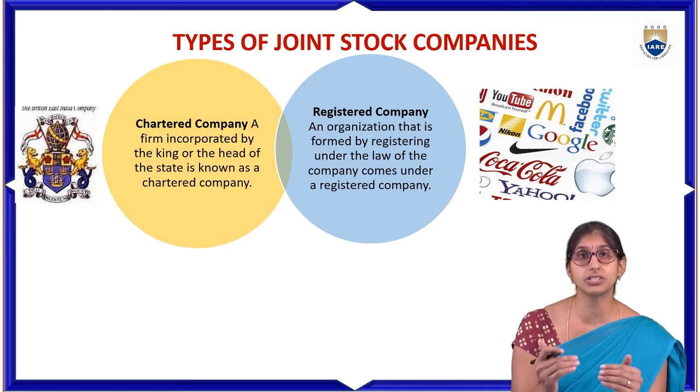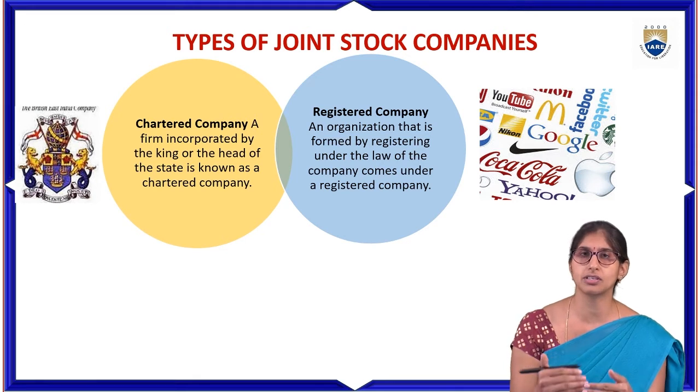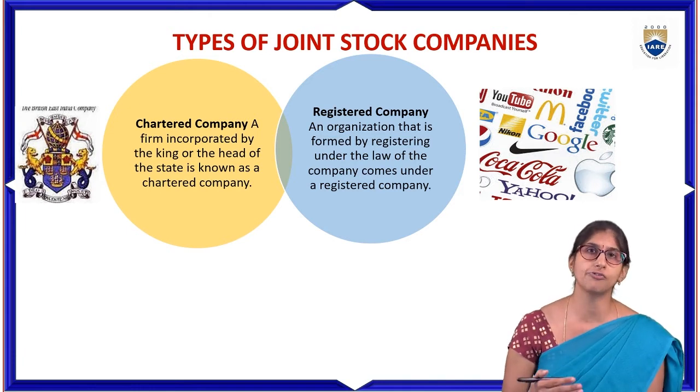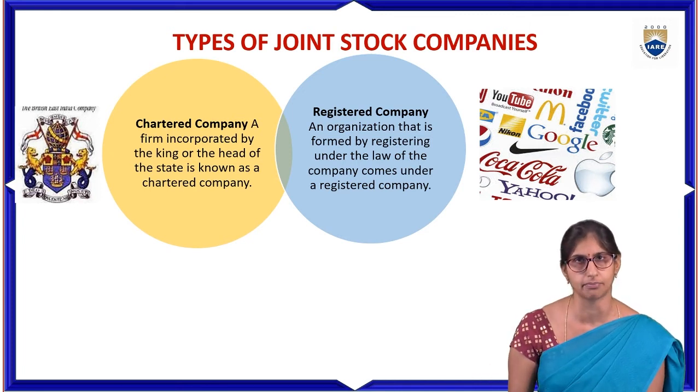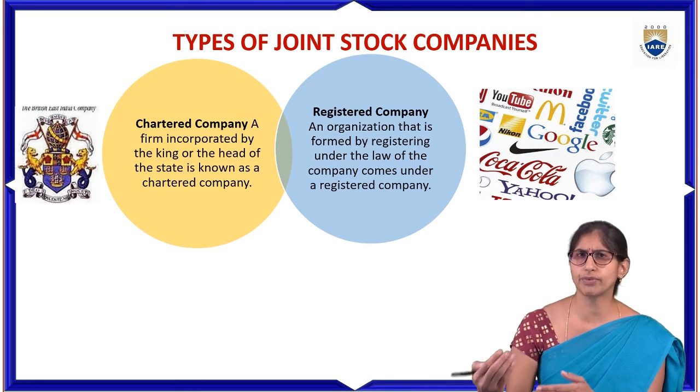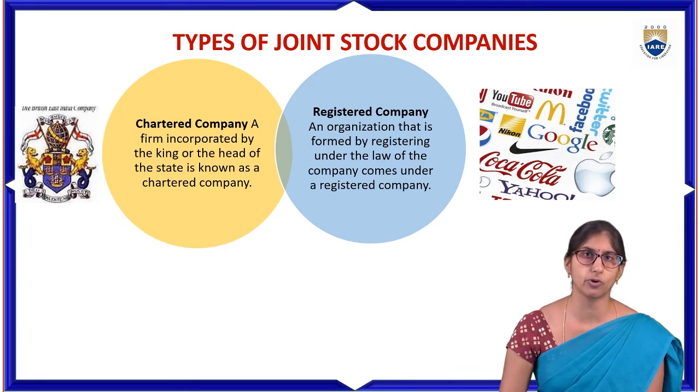Because it is registered with the Companies Act, as well as with the stock exchanges. According to the guidelines of SEBI, Securities Exchange Board of India, they fulfill all the criteria to become a registered company. So these are the registered companies which we generally see in our daily routine.